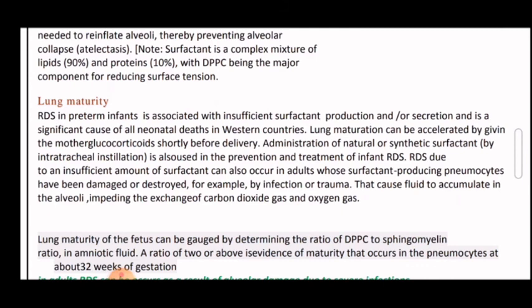However, if this didn't happen, after delivery we may administer natural or synthetic surfactant to prevent and treat infant respiratory distress syndrome.